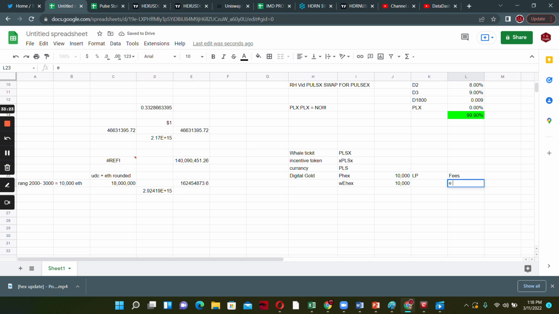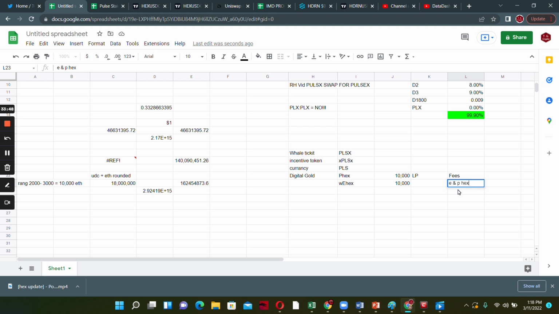So E and P Hex. And that's the 73% of fees that will go back to the liquidity providers to encourage them to stake up the liquidity. So as people trade against it, they make money. We collect them in the form of this.